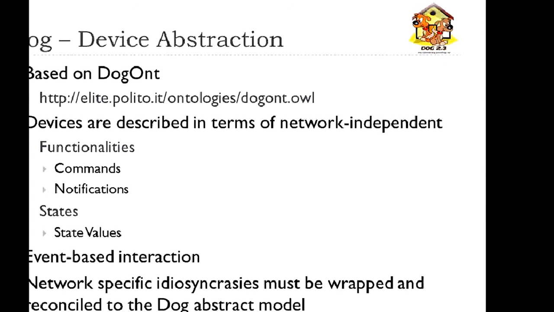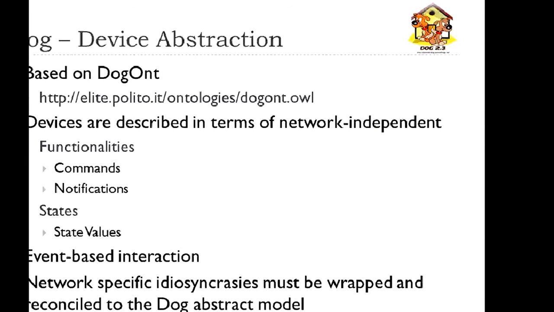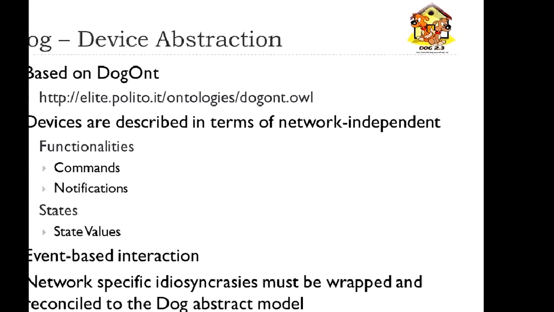A lamp can receive the on and off commands, notifies nothing apart from the state change, and has two possible states, on and off. And we need to find a way of extracting this information from the network level information.